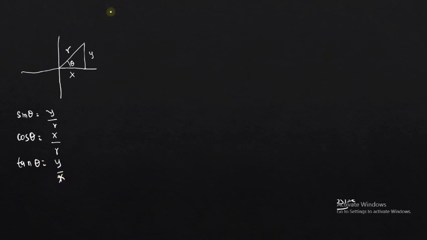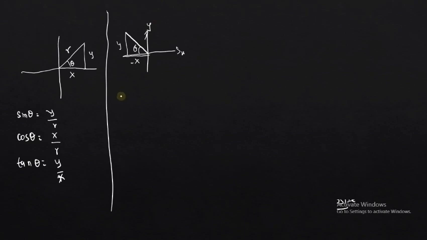Okay. Now let's consider the same thing, but this time our angle will be in the second quadrant. Let's say our angle is here, making contact with the positive x-axis. Here we'll have y, and here we'll have x. But here will be negative x, because we are in the negative x-axis. Here will be positive because we are still in the positive y-axis.